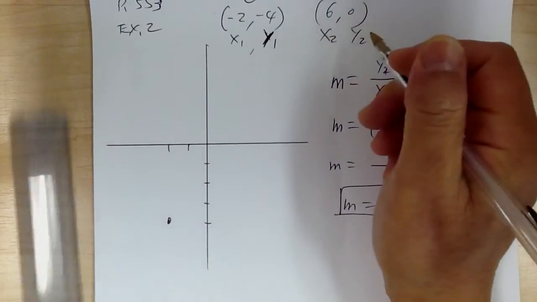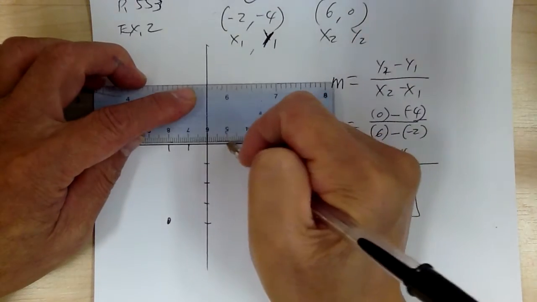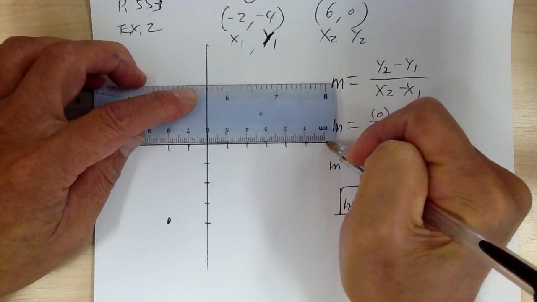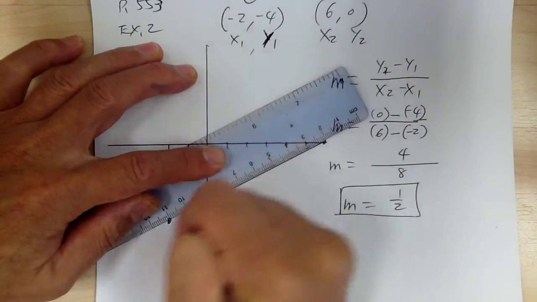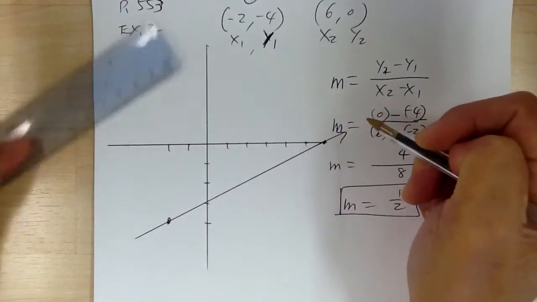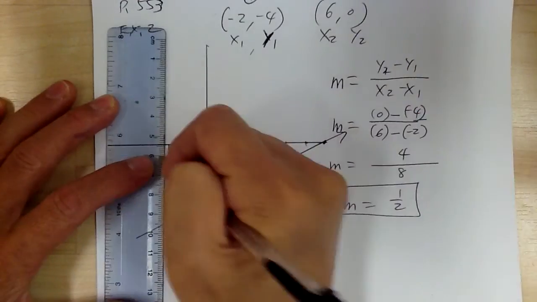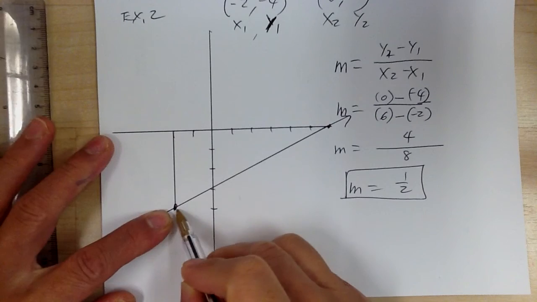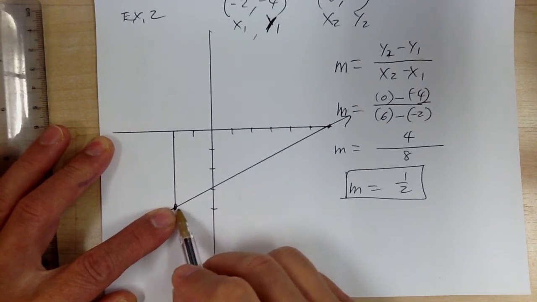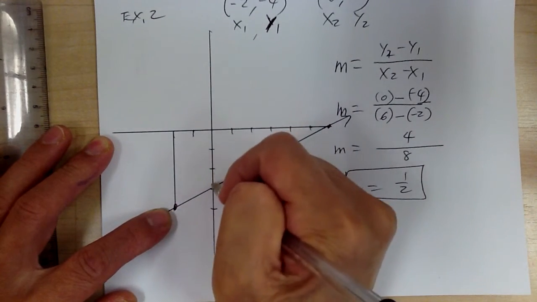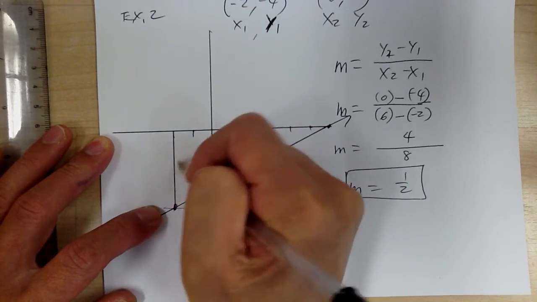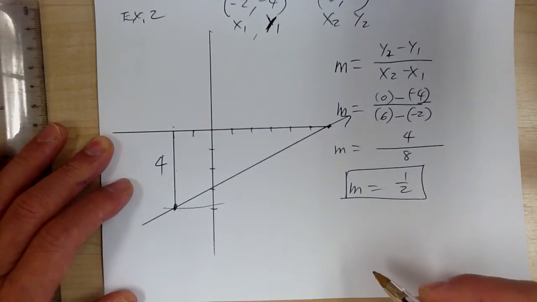The next point is 6, 0. So this is a graph, right? From this point to this point, notice how many there are here: 1, 2, 3, 4. So there are 4 over here.